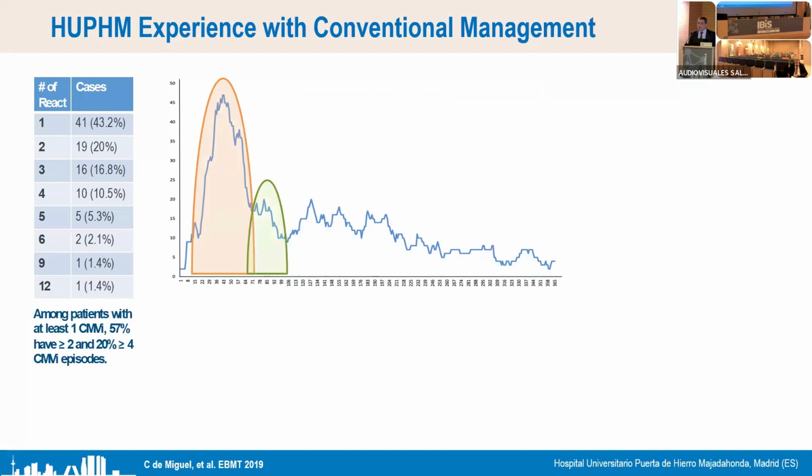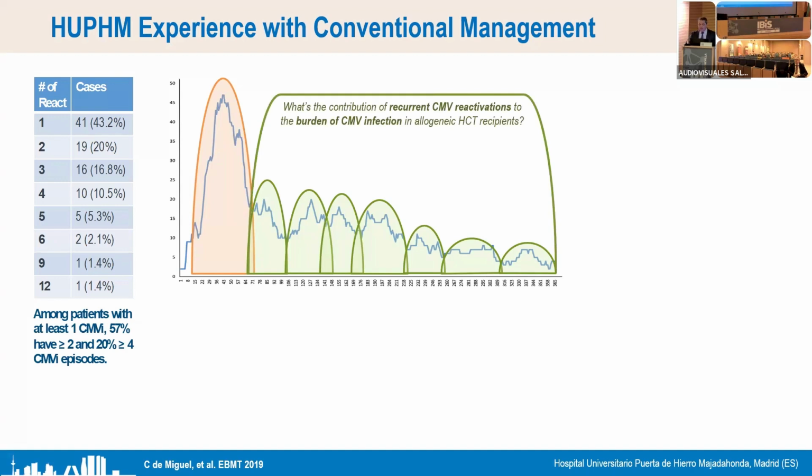But you get a second one, and a third one, and a fourth one, and a fifth one. You get all these recurrent little peaks of CMV reactivation, up to 12 in some of our patients, and these represent over 50% of the overall burden of the impact of CMV at any time point after allogeneic transplantation.